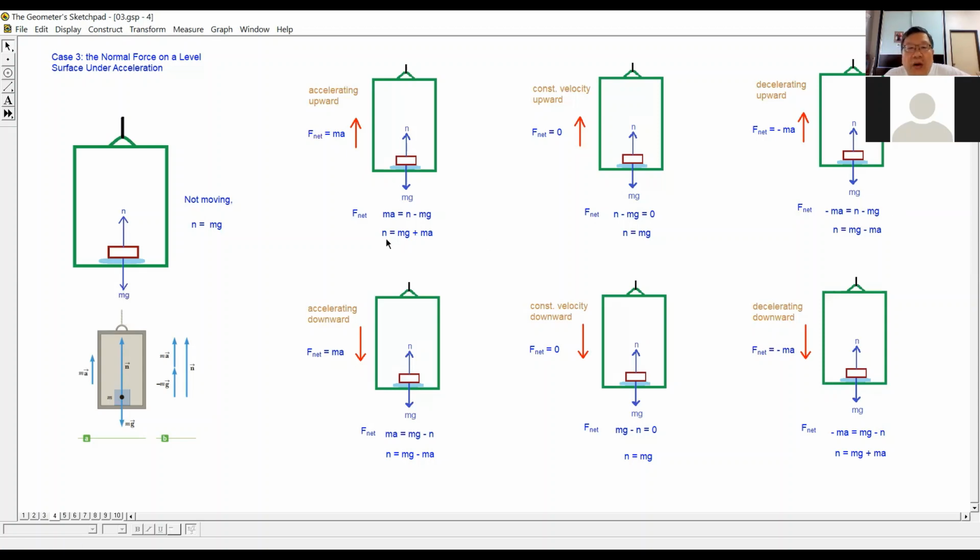Why in all three cases, normal minus mg? Because they are moving upwards. The normal is bigger than the mg. So that is how we start off the equation. In all three cases, they are the same.